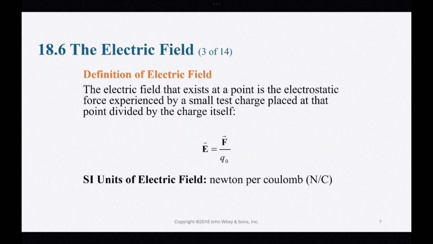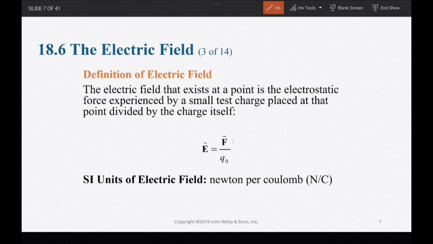You don't take it as a whole, but only where you want to observe it, which I will show in the next slide. Only there can you determine it. Again, the unit of force is Newton, and the unit for the test charge is coulomb. And definitely, the electric field unit will be Newton per coulomb.